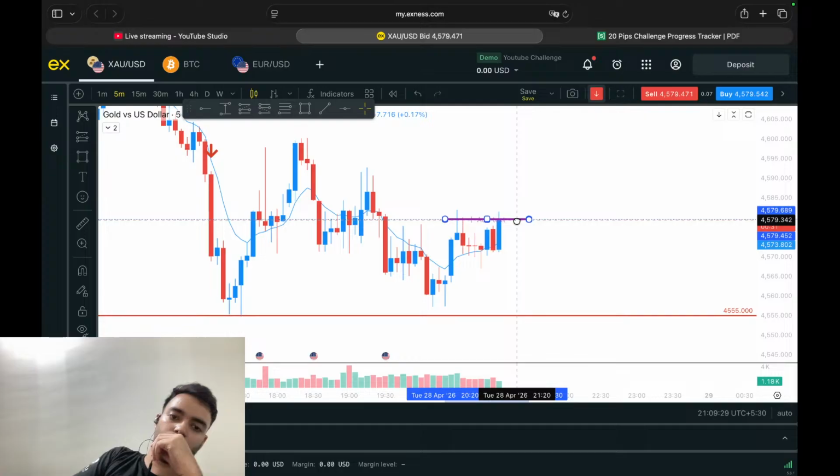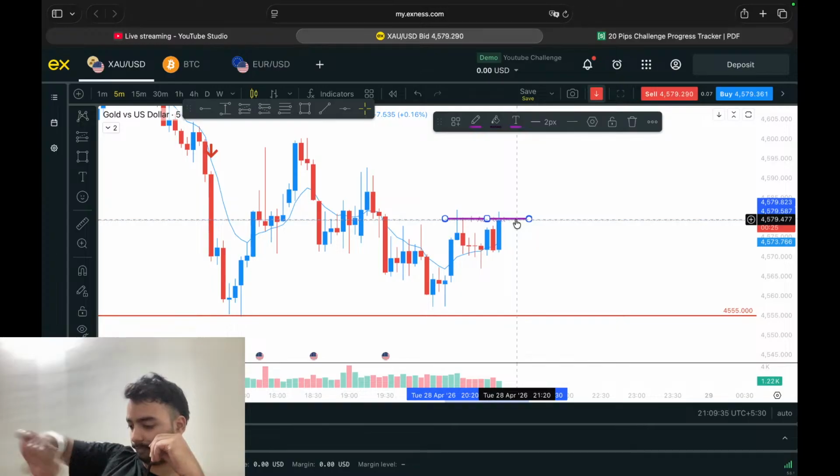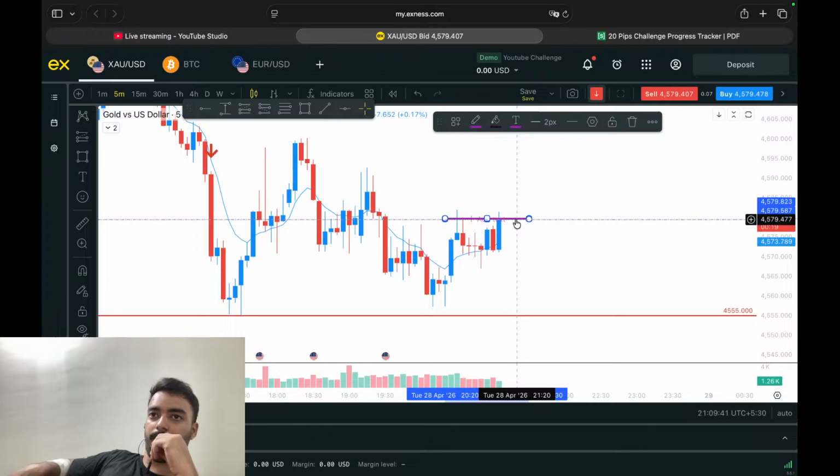So our buy was the correct analysis. But okay, this is a lesson for us to not be greedy and enter into scalping or temporary setups. It's always good to wait and leverage good setups.